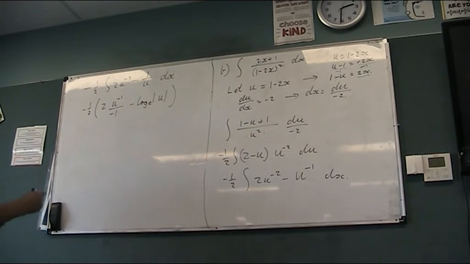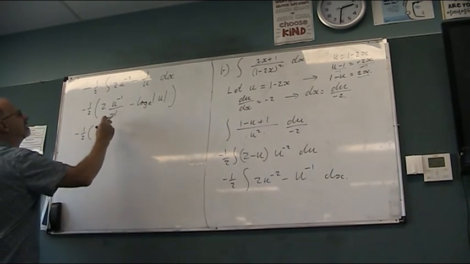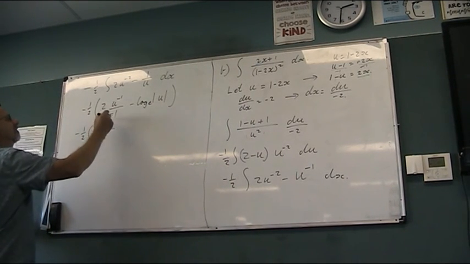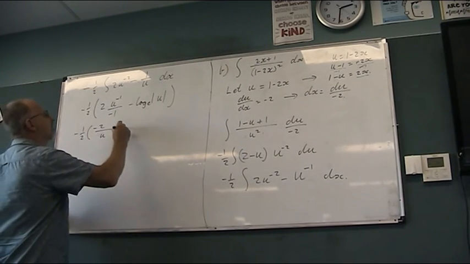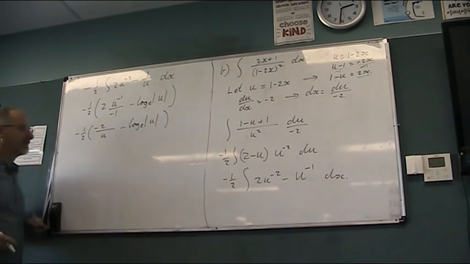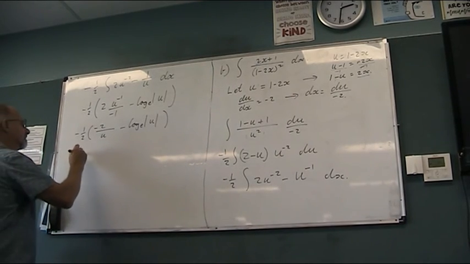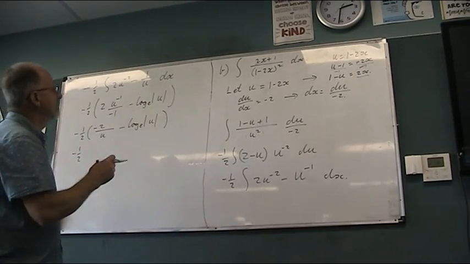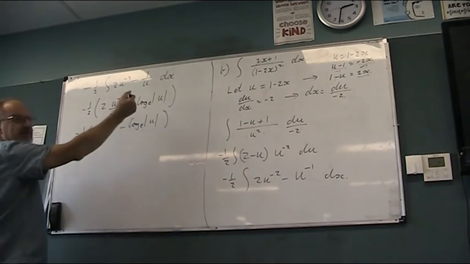All right, now let's neaten this up a little bit. Bring that down the bottom. Negative 2 there, I'll put that there. Put the u back. Where did the dx go when we did our anti-differentiation?